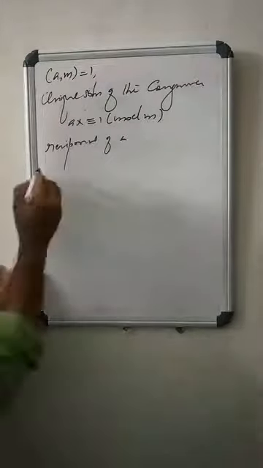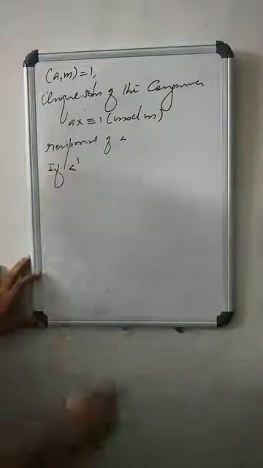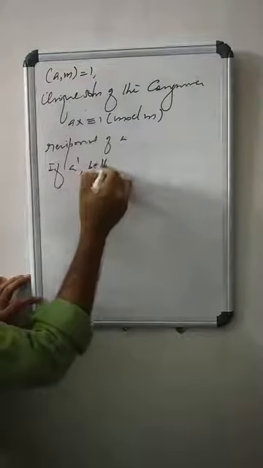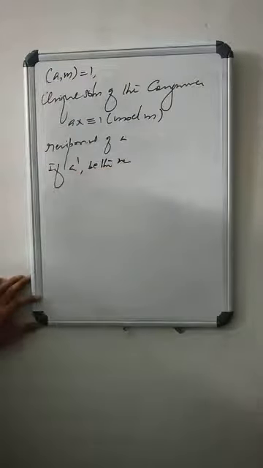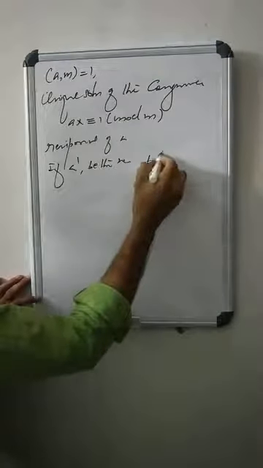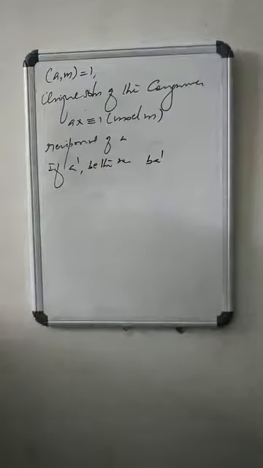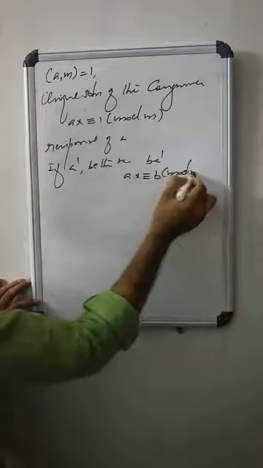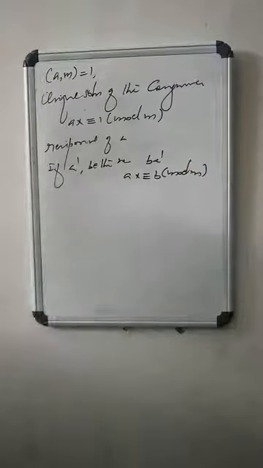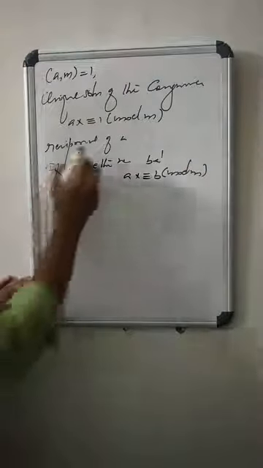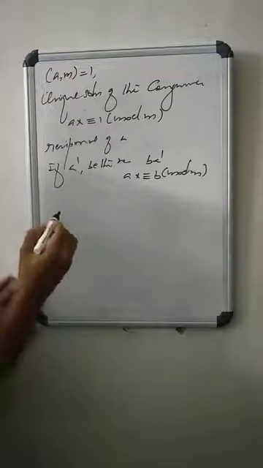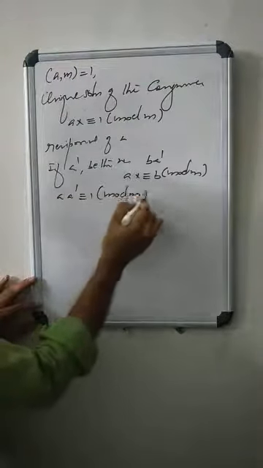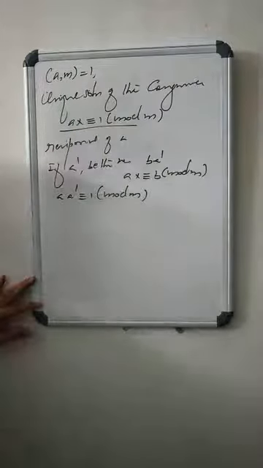That is, if a' is the reciprocal of a mod m, then b a' is the solution of ax ≡ b mod m. How? a' being the reciprocal of a mod m means a a' ≡ 1 mod m, because of the definition that ax ≡ 1 mod m has a unique solution.